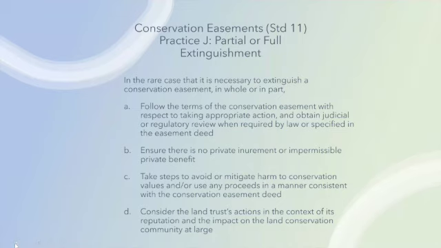Because if there are conservation values on that portion of the property, and extinguishing the easement would impair those conservation values, then the IRS is not going to look favorably upon this. In fact, the whole term of a land swap is a little bit of an anathema to the Internal Revenue Service. So try to avoid those kinds of situations if you're doing an easement amendment.